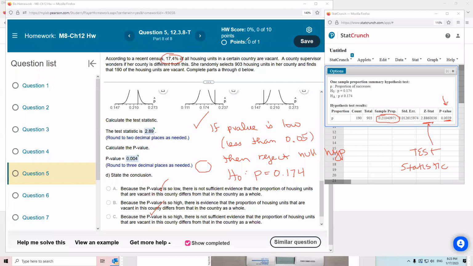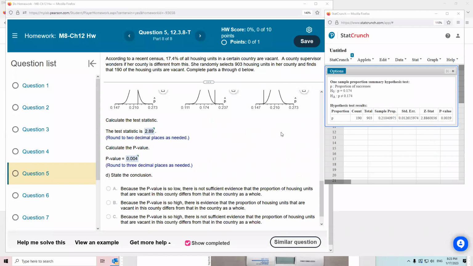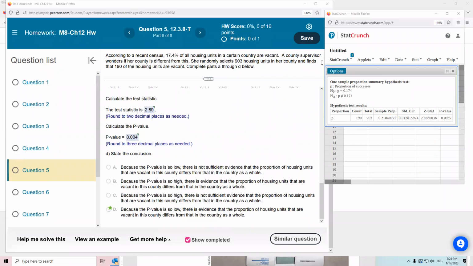So our conclusion is, we reject the null hypothesis because the p-value is low. There's evidence that the proportion of housing units that are vacant in this county differs from that in the country as a whole. The 17.4% that was claimed is different than what we observed, which was about 21%.